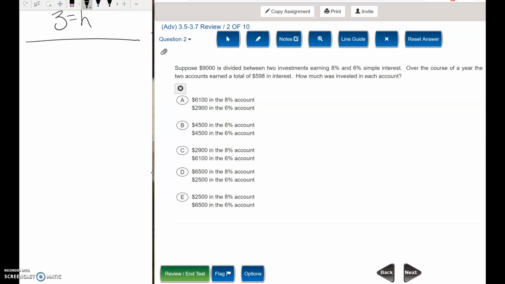So you take the 8% interest, 0.08, times X, so times some amount of money. Then you do the 6% interest times the total minus X. And that is going to equal however much you earned in interest, $598.